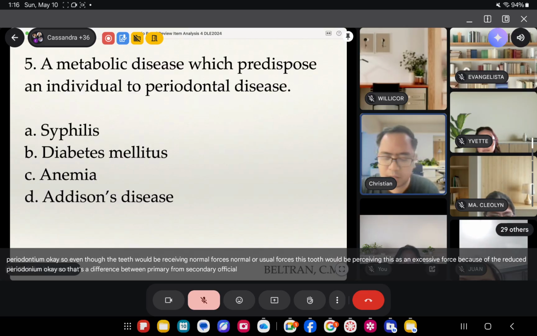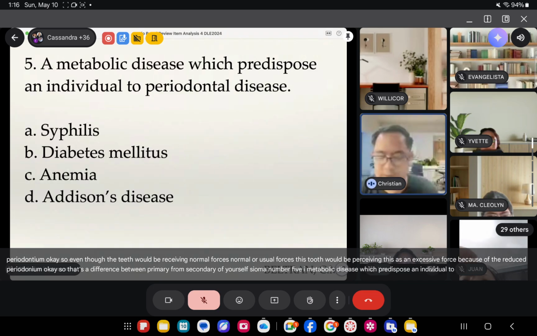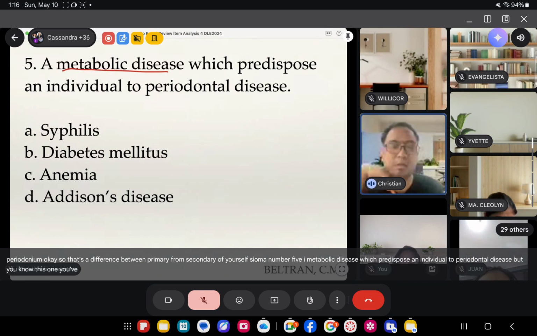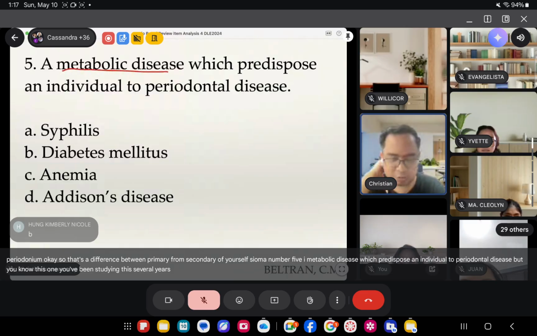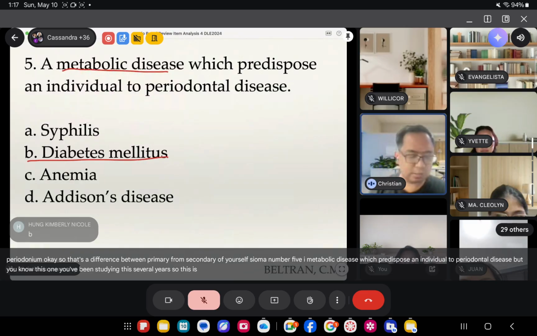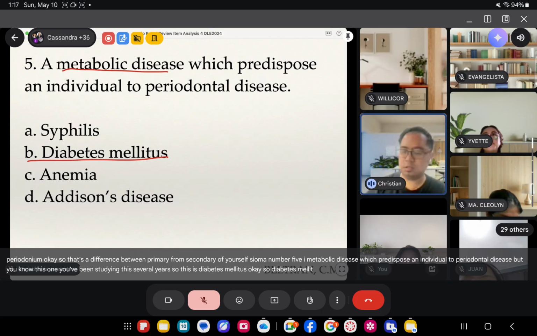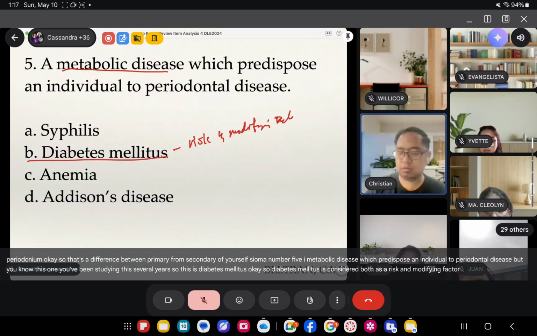Number five, a metabolic disease which predisposes an individual to periodontal disease. But you know this one, you've been studying this for several years. Again, it was mentioned. So this is diabetes mellitus. Diabetes mellitus is considered both a risk and a modifying factor.